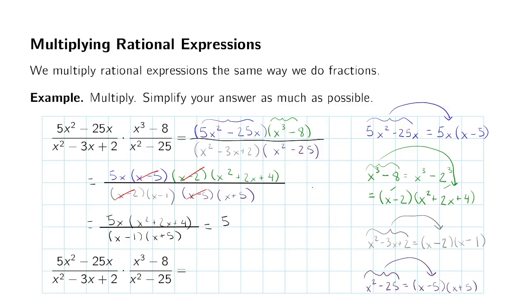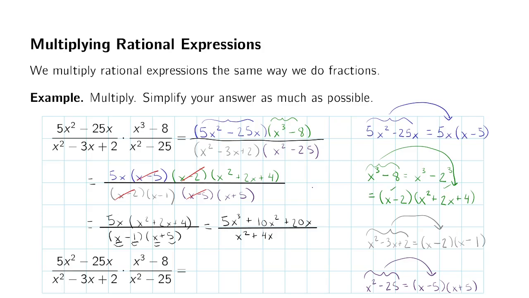We'll get 5x to the third plus 10x squared plus 20x, distributing in the numerator. In the denominator, x times x is x squared. We've got x times 5 minus 1 times x, so plus 4x.